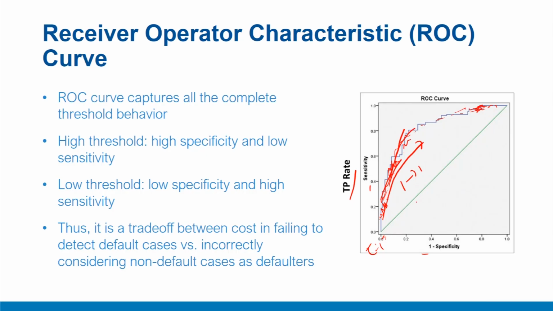At the same time, the fall in specificity here, because we are plotting 1 minus specificity, so rather the fall from 1 to these lower values is very small. So notice in this region my sensitivity gain is very high as I increase my thresholding value, but my loss of specificity is very less.